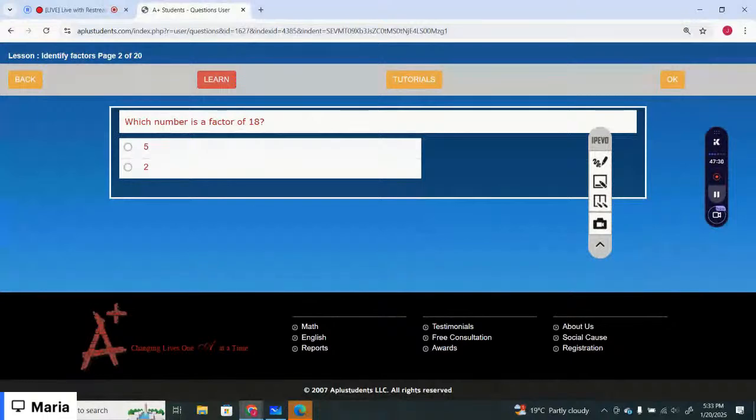Which number is a factor of 18? Which is the correct option? That is 2. 2 is the correct option. Very good.